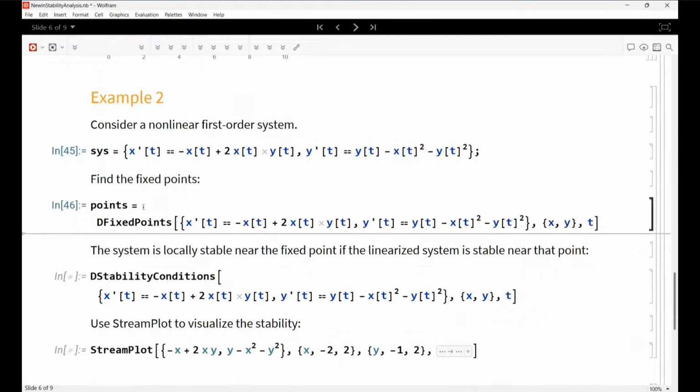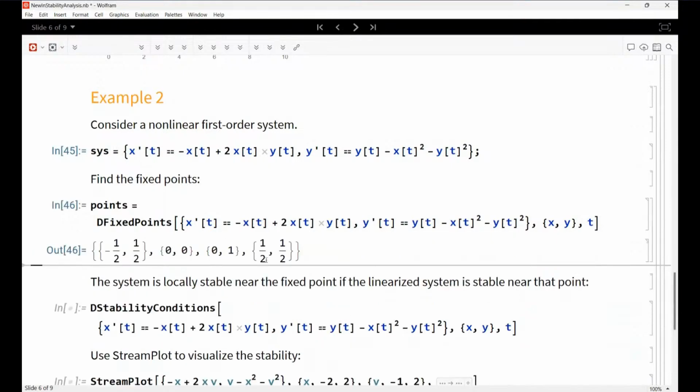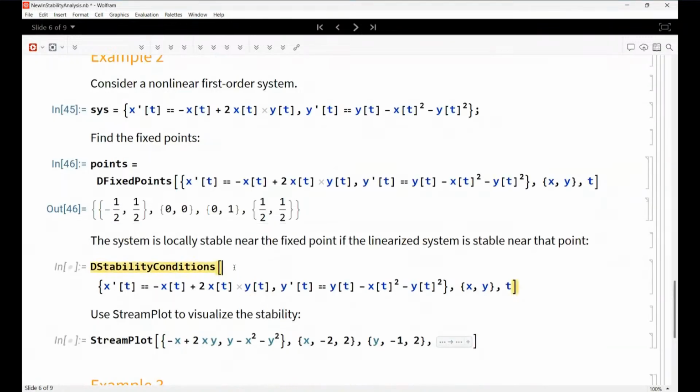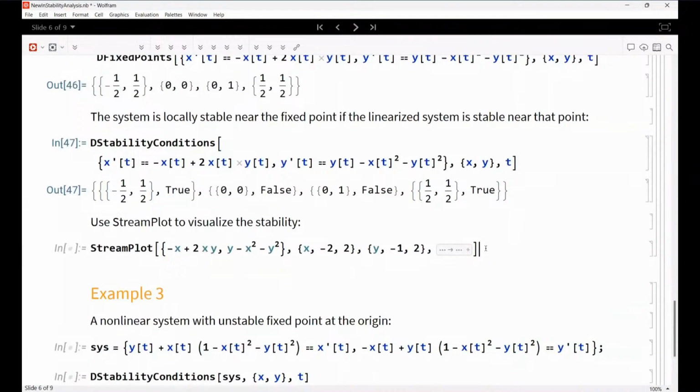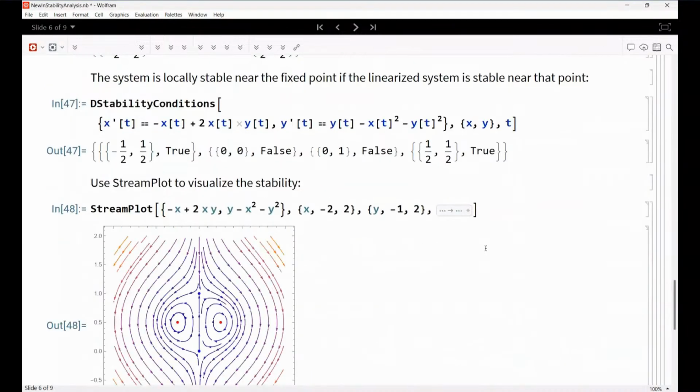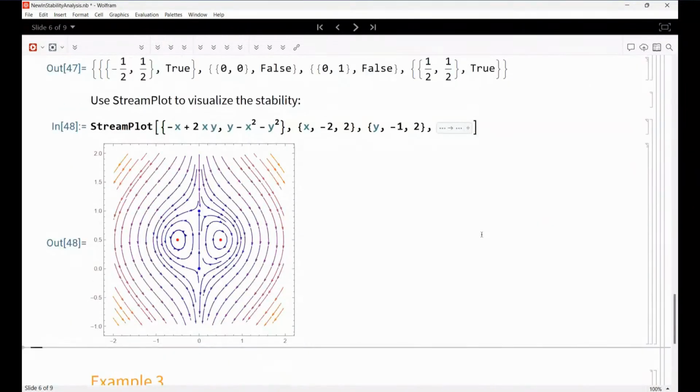This system has four fixed points, and we can use these stability conditions to analyze the stability near all fixed points, and we see that two fixed points are stable and the other two are unstable. And here is a stream plot which visualizes the stability. Here red points are stable fixed points and blue points are unstable fixed points.